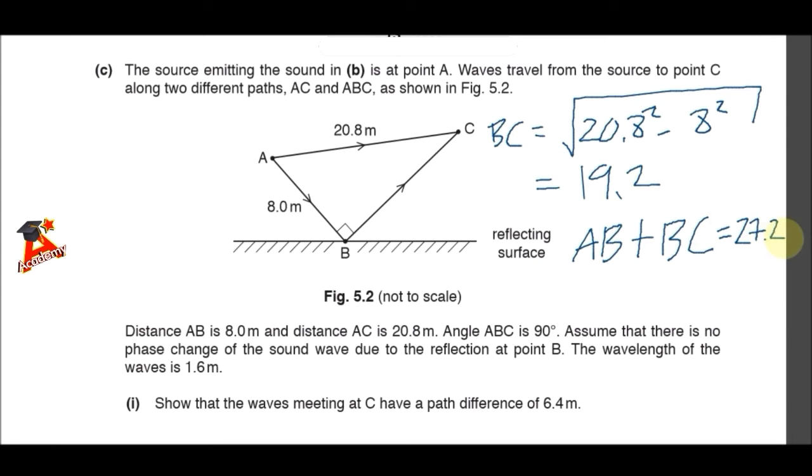Now the difference between 27.2 and 20.8 happens to be our answer, 6.4. That's how we show it.